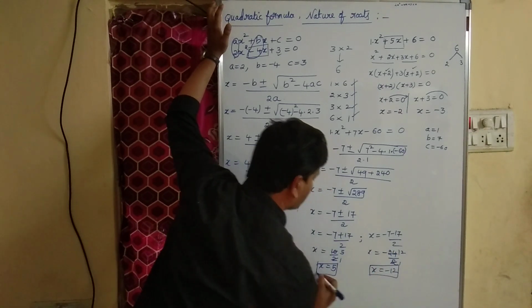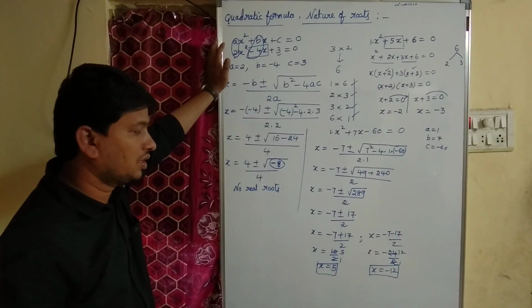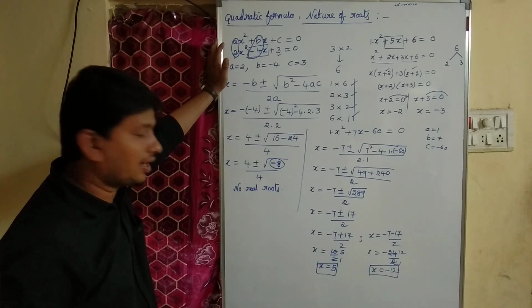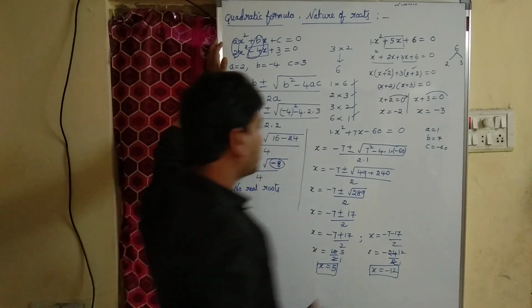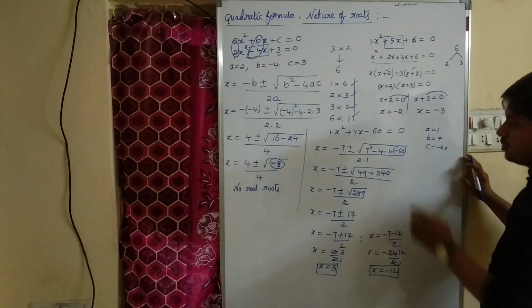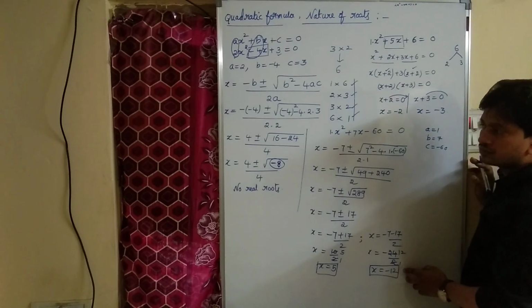See, children, as we got two roots over here, that is one is -12 and other one is +5. See, by using quadratic formula, we found two roots 5 and minus 12. Yes?